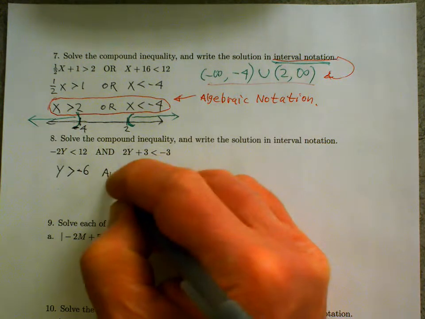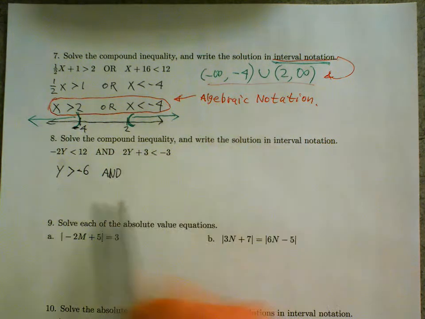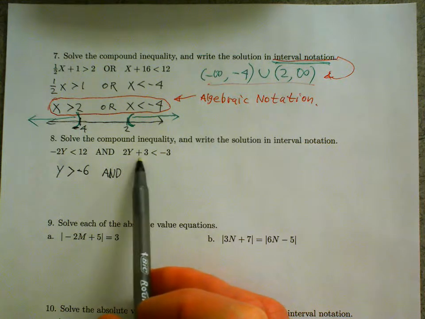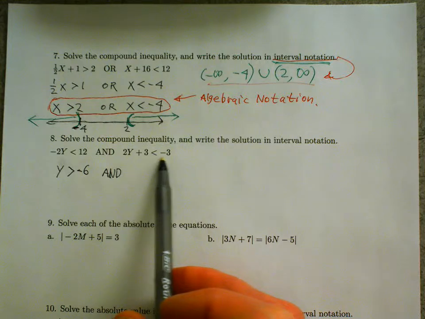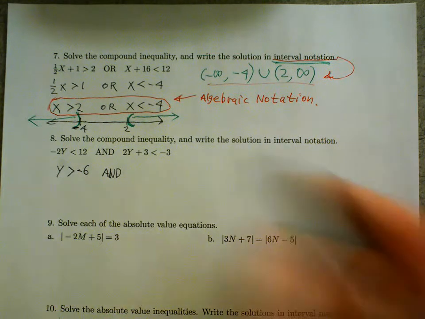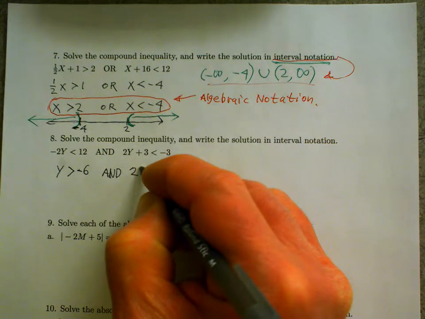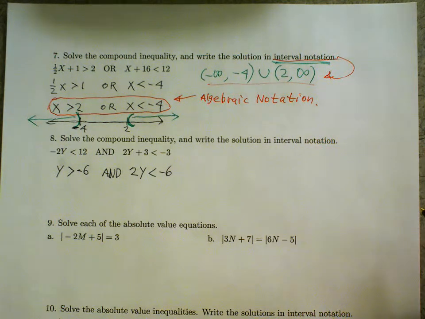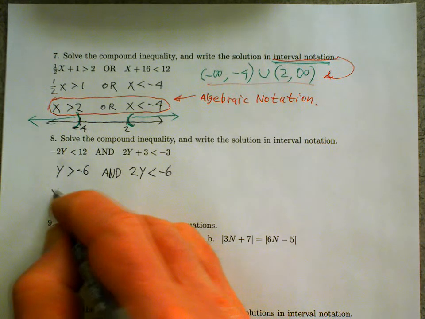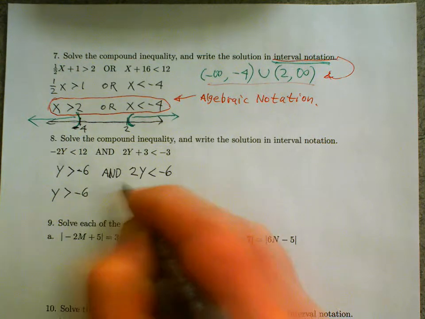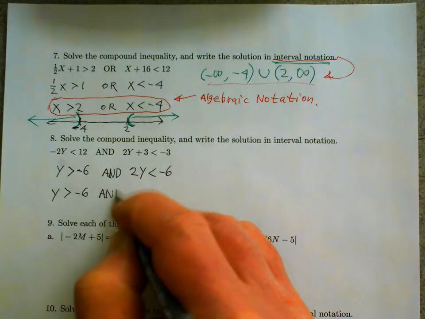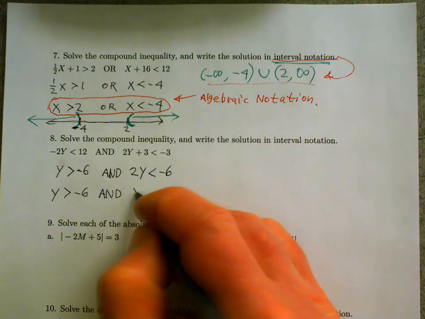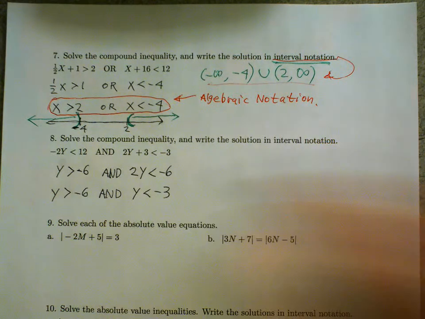Okay, then put the word and in here to remind you, and then we'll solve this inequality. 2y plus 3 is less than negative 3. Subtract 3 from both sides. We get 2y is less than negative 6. Okay, so y is greater than negative 6, and when we solve this for y, we get y is less than negative 3.